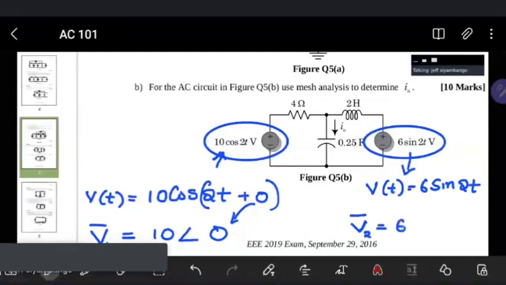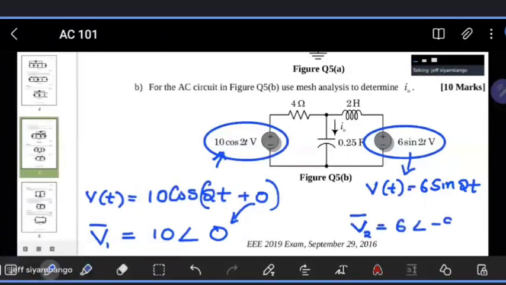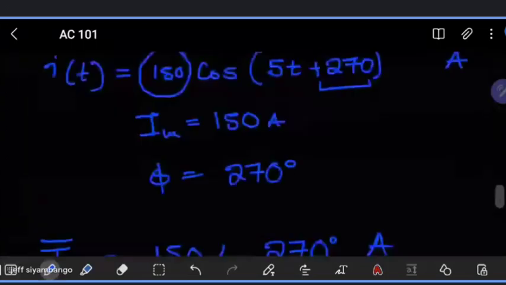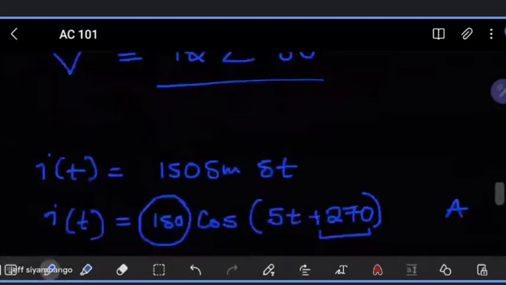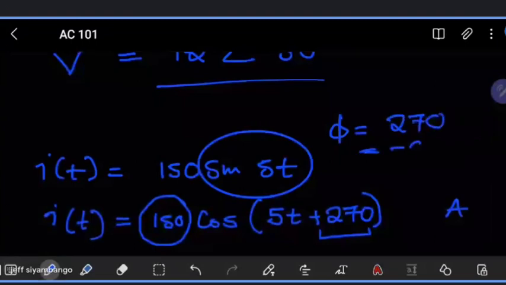The angle is negative 90. I'm sure that she used a shortcut based on the previous question we were looking at. In the previous one, what we had was sine 5t, and the angle phi ended up being either 270 or negative 90.